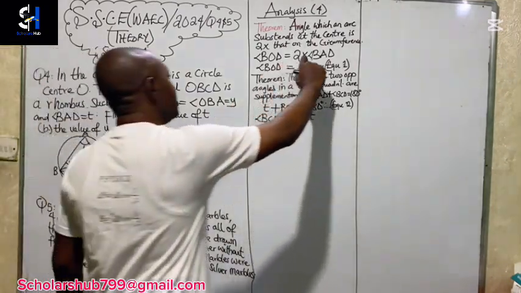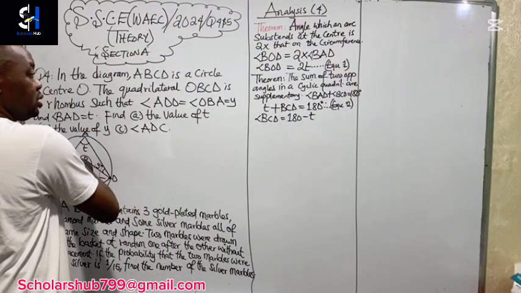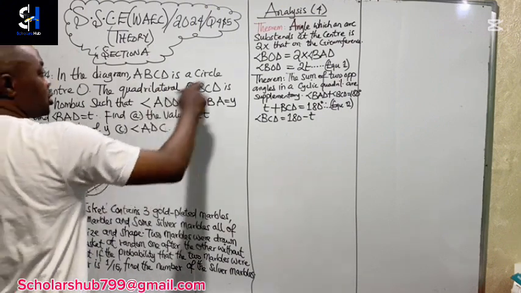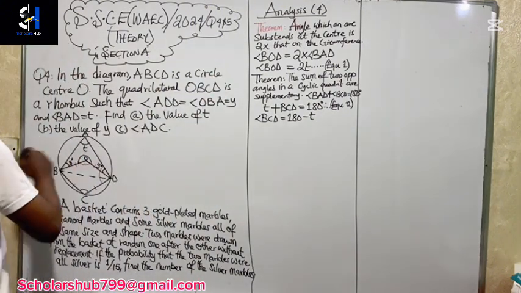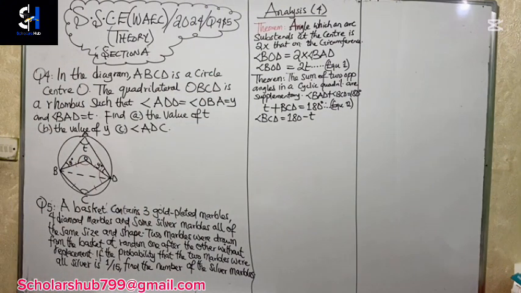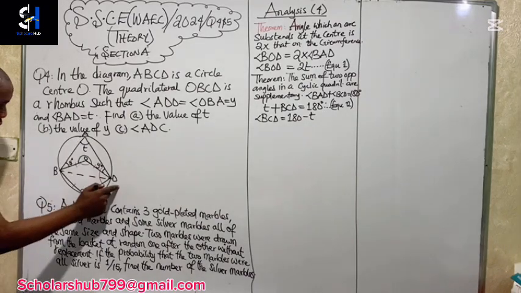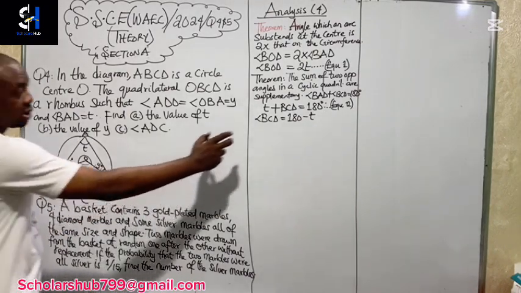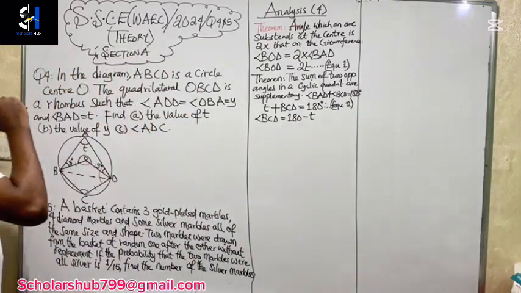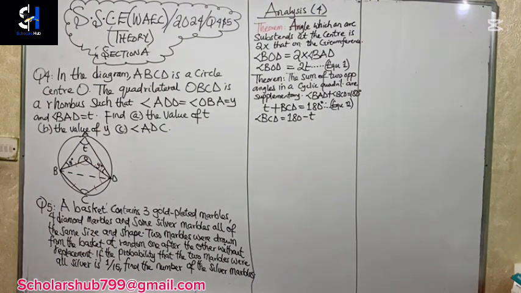So we have BOD equals 2 times the angle on the circumference. Remember, we added BAD and BCD to get 180 minus T.